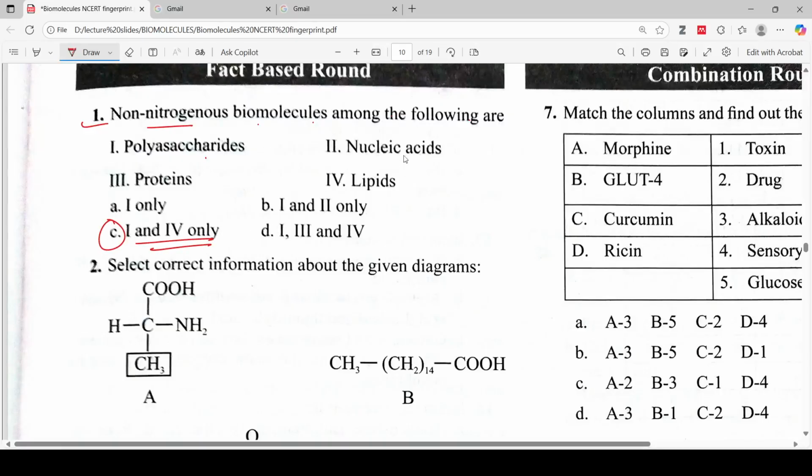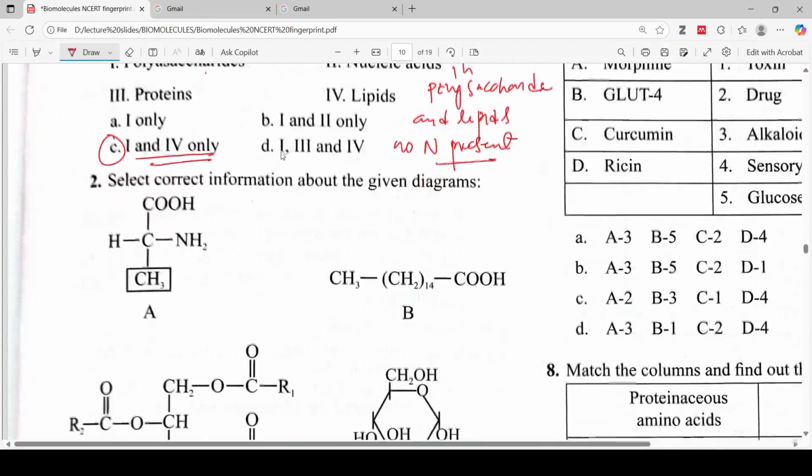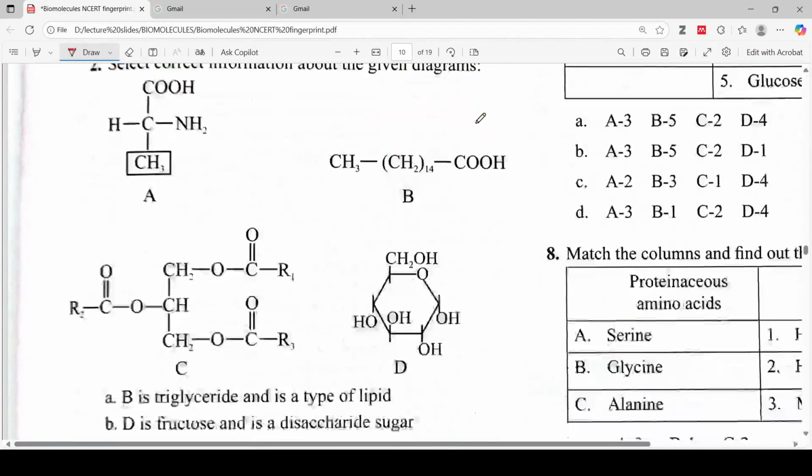In polysaccharide or carbohydrate and in lipids, no nitrogen atom is present. So that's why the correct answer for this question is option C. Let's move to the next question.